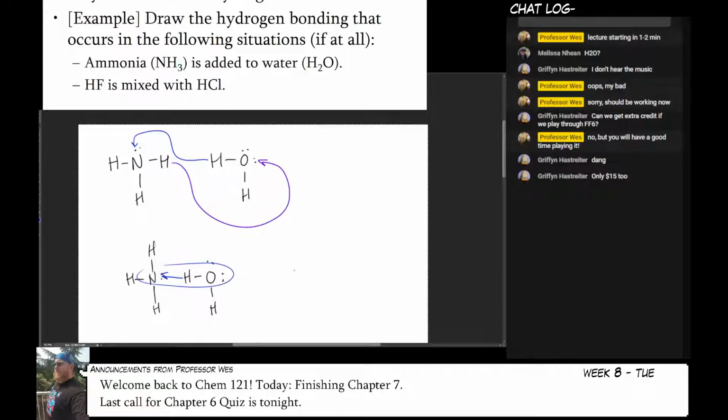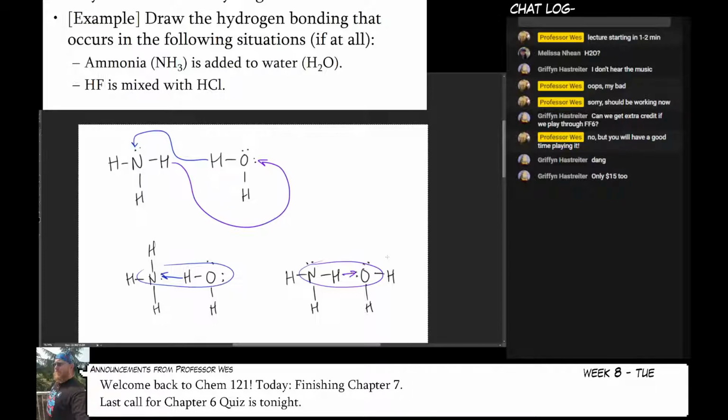And then I get a different molecule, and a different arrangement. And so in both cases, I can make a hydrogen bond using different parts of the molecules.